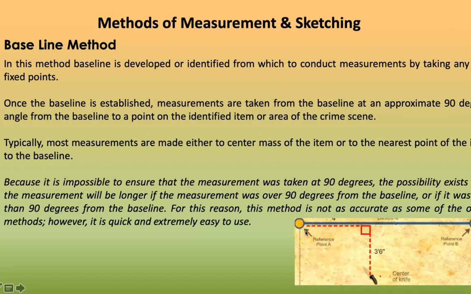Let's say we have taken this point as A and this point as B. Okay, so A to B we have to measure first of all, then B to B dash, we can mark it as B dash. Okay, so B to B dash is 3.6. So like this, for each and every evidence we will measure from the baseline. Okay, so let's take an example of the baseline method in the next slide.